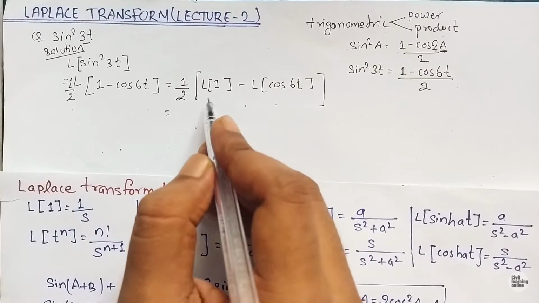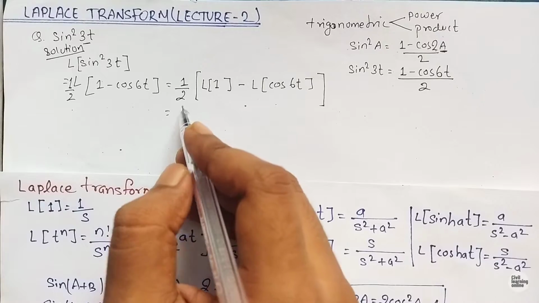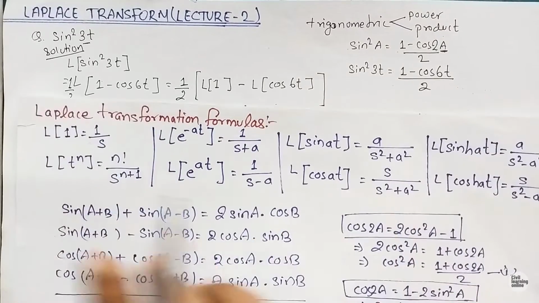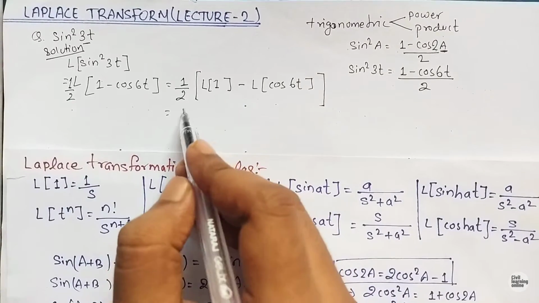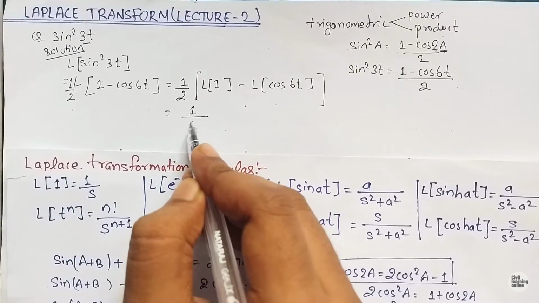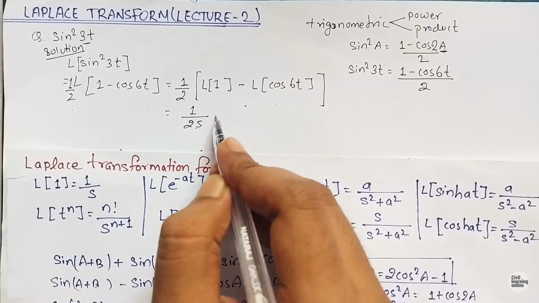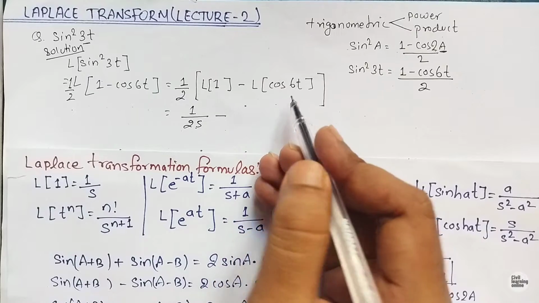So we will have here Laplace transformation of 1 is 1 upon s, so we will have here 1 upon 2s minus Laplace transformation of cos 6t.